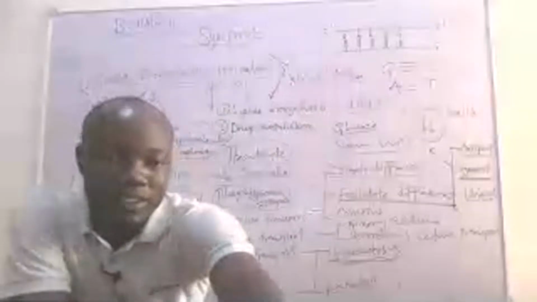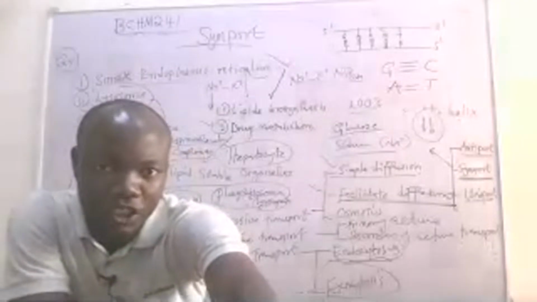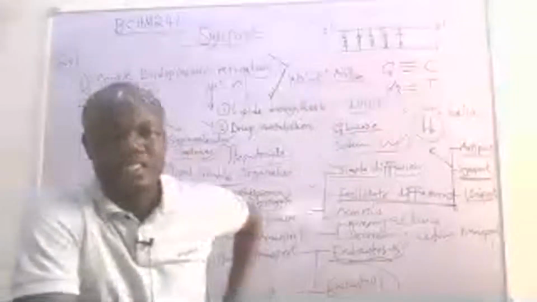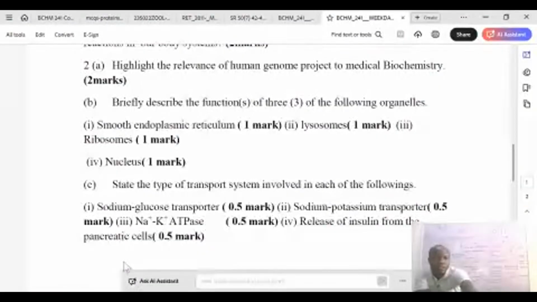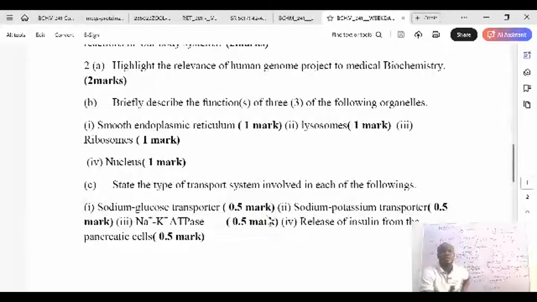The next one is the transport of insulin. Let me share the last one, Roman numeral 4, so that you see the question. The release of insulin from the pancreatic cells. You know that the pancreas produces insulin.